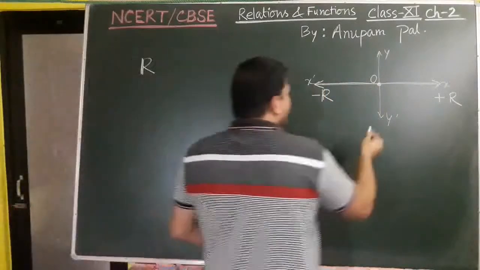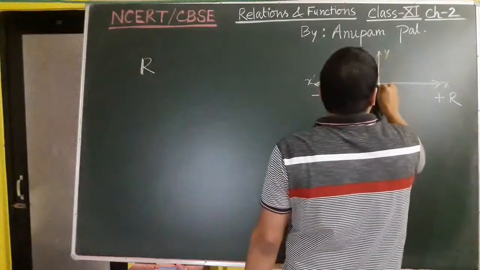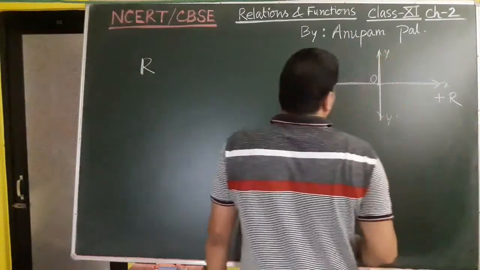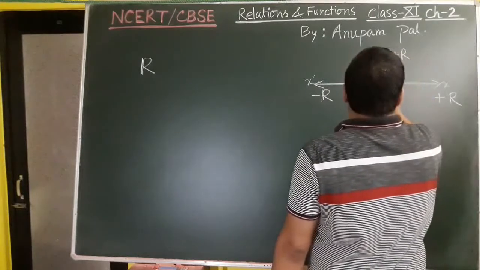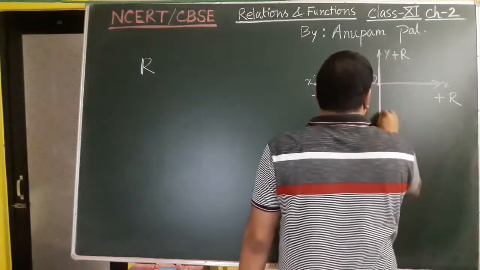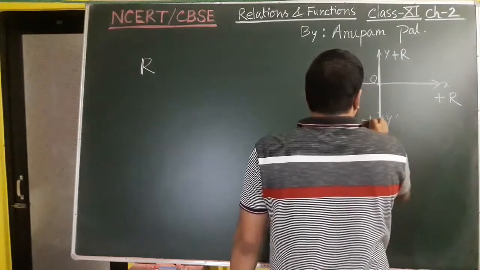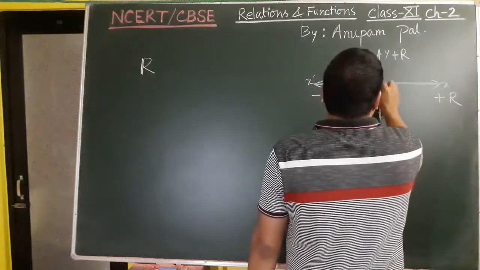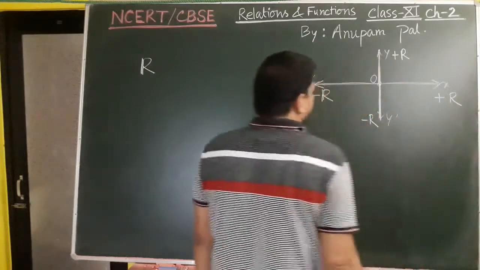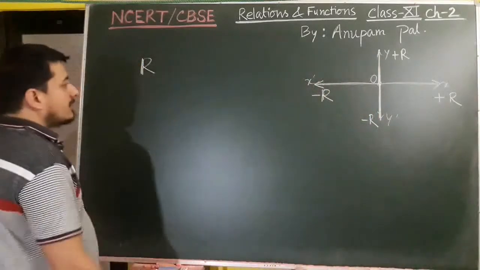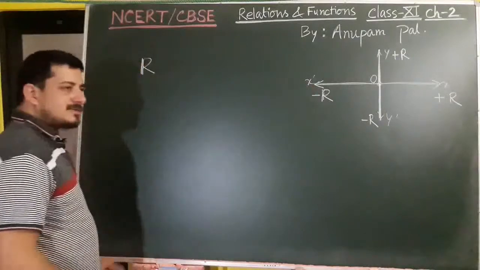Similarly, the positive R you will fit vertically also, such that positive R rolls in this direction and negative R rolls in this direction, and the 0 or origin falls on this point. So this is the condition that is given.